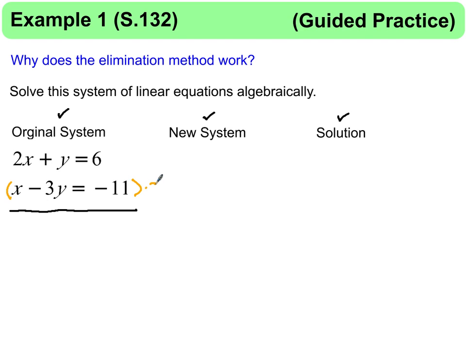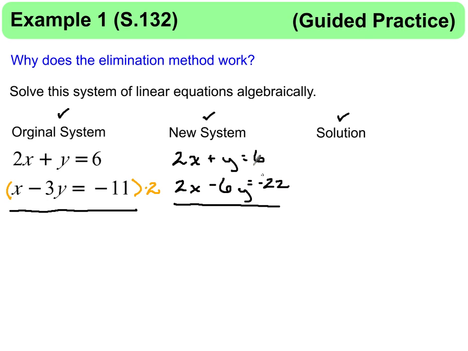So I'll multiply this whole row by 2. As for the first row, I'm going to leave it exactly as it is, 2x plus y equals 6. Now when I multiply this whole row by 2, x times 2 is 2x. 2 times negative 3y is negative 6y. And then 2 times negative 11 is negative 22.